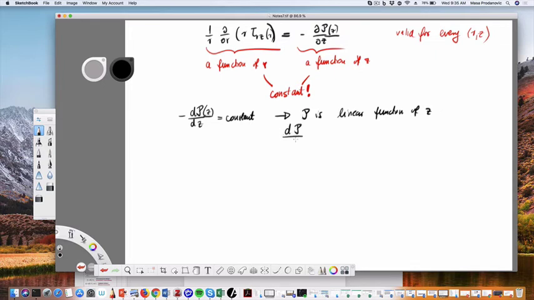So my dP/dz is the same as P evaluated at L minus P of 0 divided by the entire distance L. And those are actually my boundary conditions, if you remember. So that's my P_L, my boundary condition, minus rho g L, minus P_0 minus rho g times 0, divided by L.